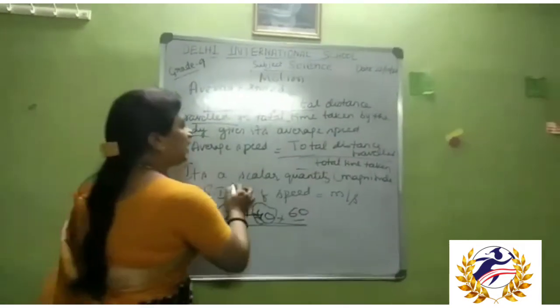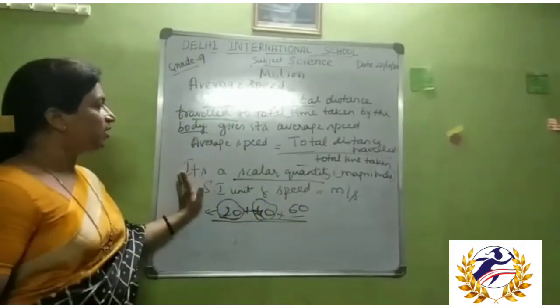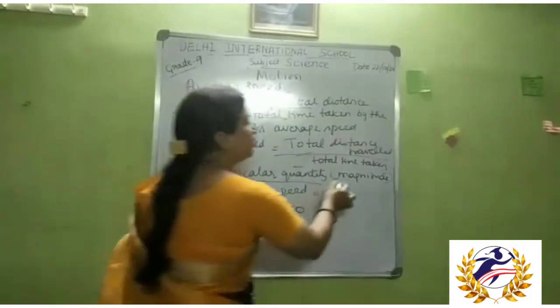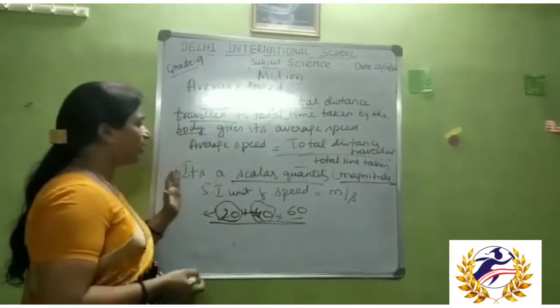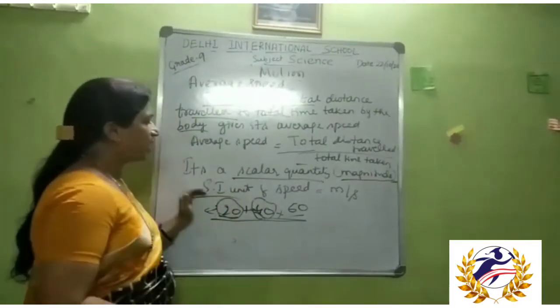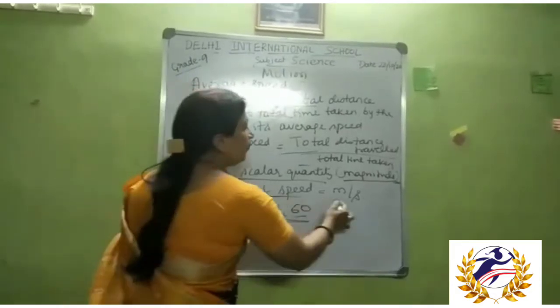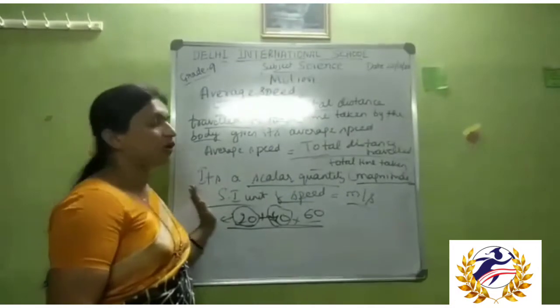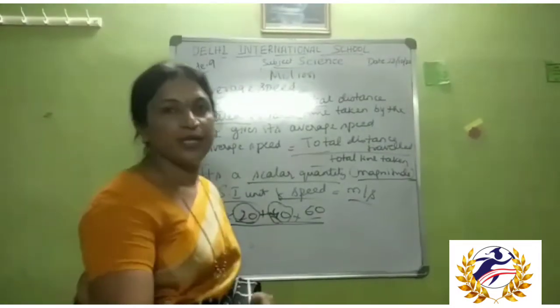It is a scalar quantity, so the direction is not counted in the speed, only the magnitude. The SI unit, standard international unit, of speed is meter per second. So this is all about speed and average speed.